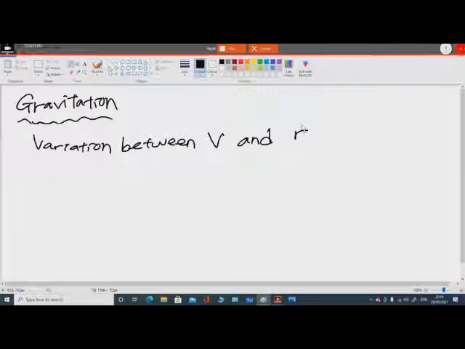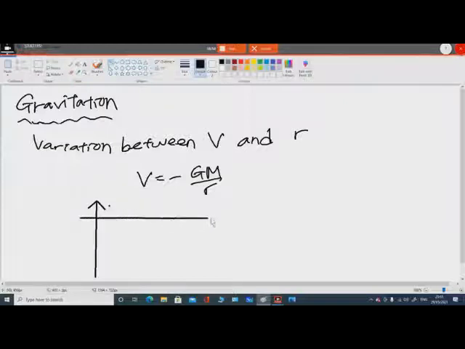We know that V is equal to negative GM over r. In terms of a graph, let me draw a line. This will be our V, and this will be our r.